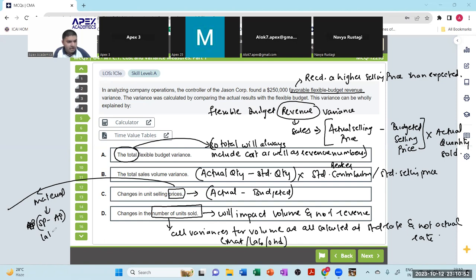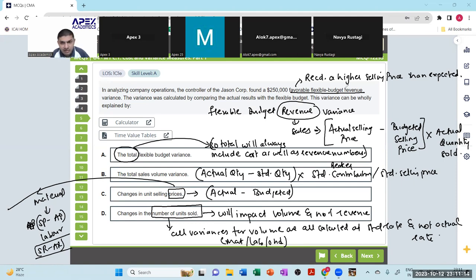Whether it is labor, it is standard rate minus actual rate. And even when it is overheads, again it is standard rate minus actual rate, even for variable overheads also. Correct? But changes in unit selling prices, price will always take into consideration actual quantity.